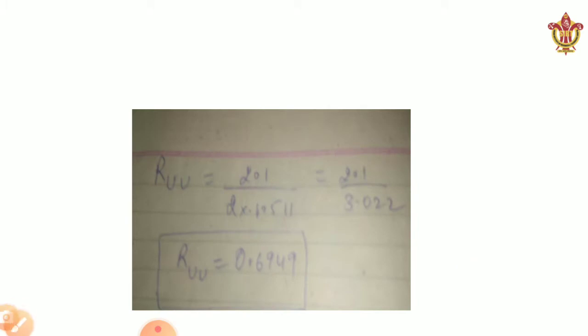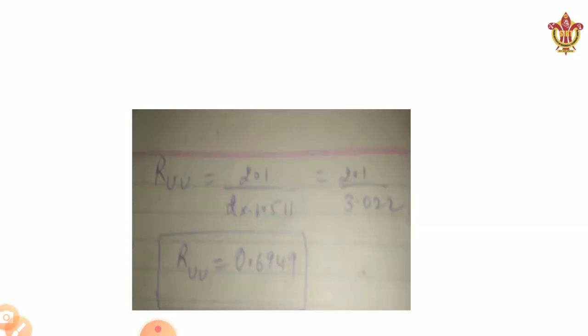Now we have got all these three terms: covariance of u comma v as 2.1, sigma u as 2, and similarly sigma v as 1.5. So it will be easy for us now to calculate the regression equation.